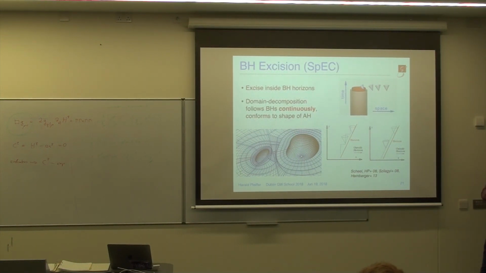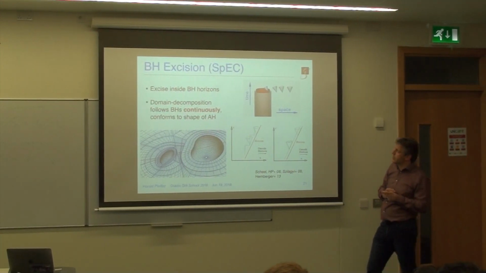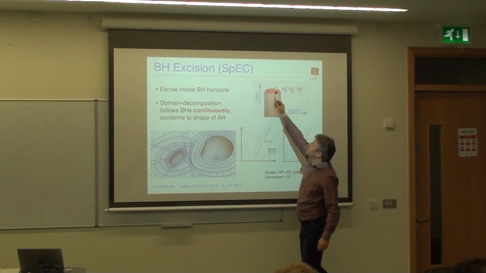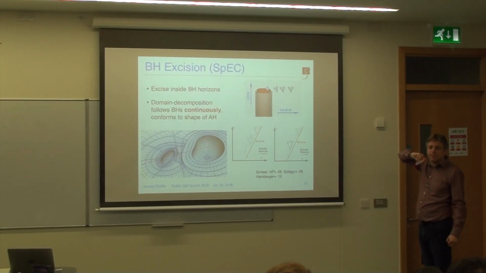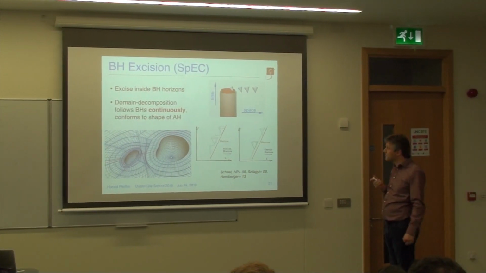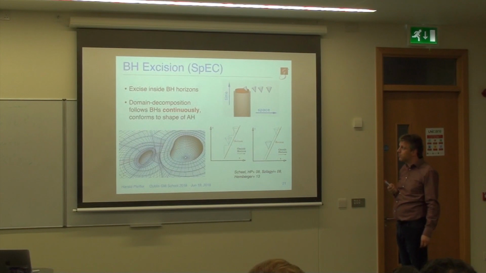Because of that, you can avoid having to deal with the singularity in the middle of the black hole, and you can happily evolve the outside region where the solutions are smooth and well behaved without having to worry about all the nastiness that's happening in the middle of the black holes. Yeah, nice little idea, but if you actually want to make it work in practice, it is remarkably difficult.